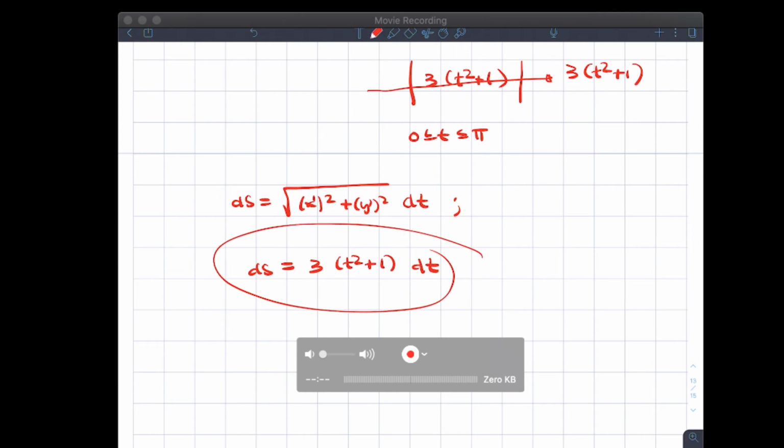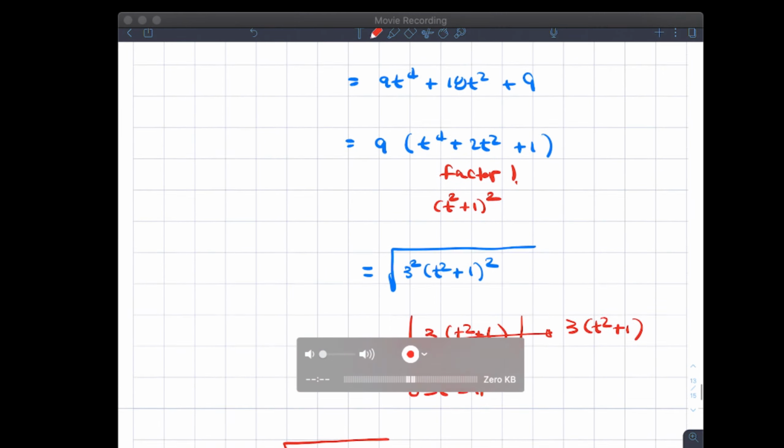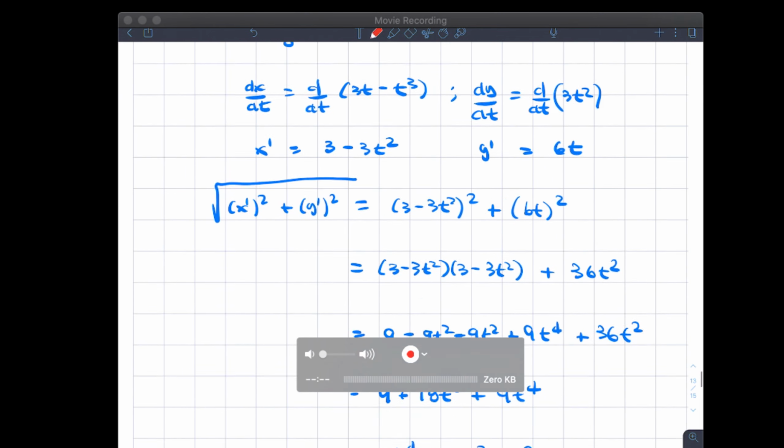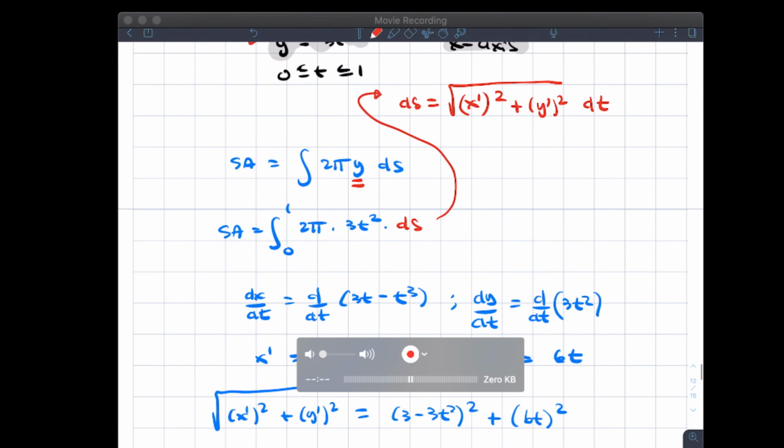Okay? 3 t squared plus 1 dt. All right, now here we go, ladies and gentlemen. You say, what do I do with that ds? I write it here. This is 3 t squared plus 1 dt.